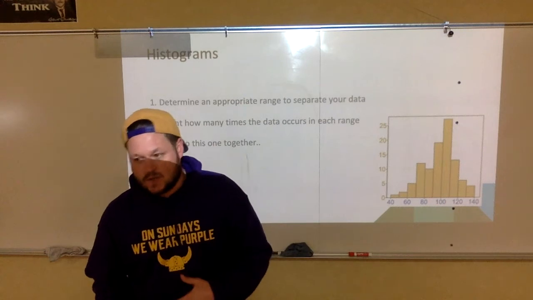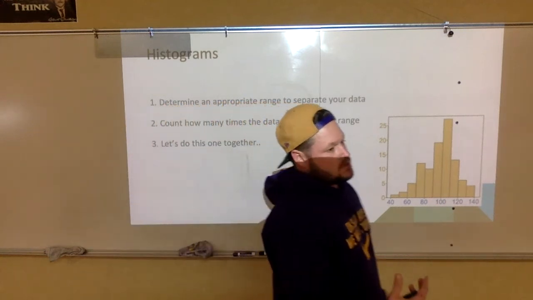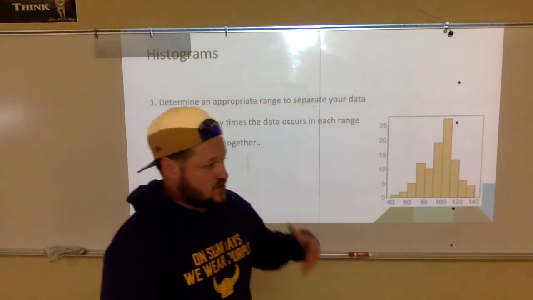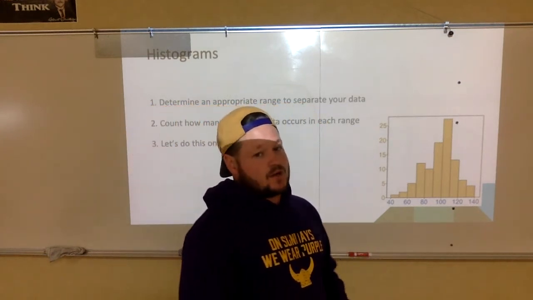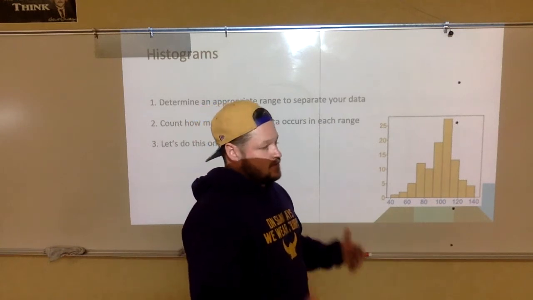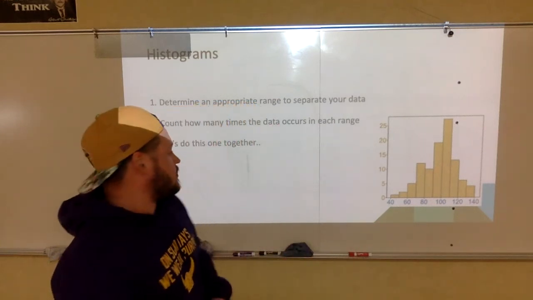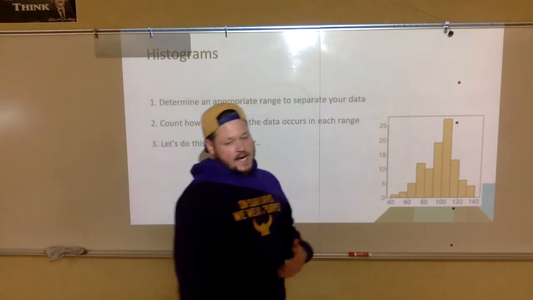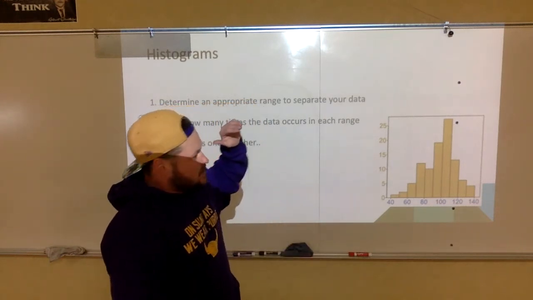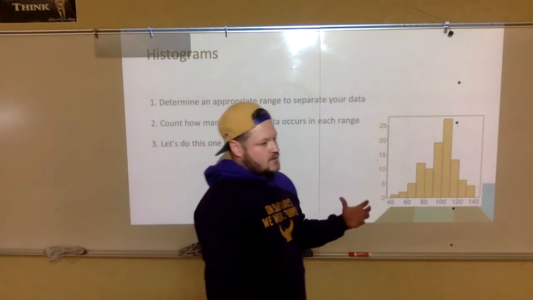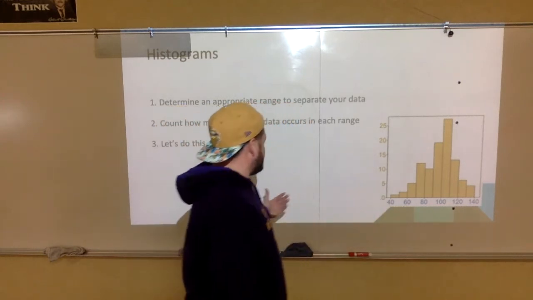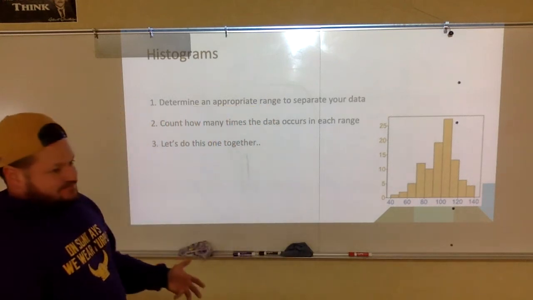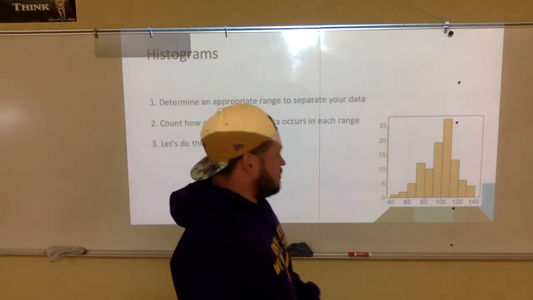I think the easiest way, if you're trying to make a histogram from a stem and leaf plot that you've already created, is to just go by tens because you already have your information separated that way. Okay, but you can do it however you want. And then basically you're going to count how many times a data point falls into that range of values. Okay. Kind of confusing right now, but I'm sure it'll all make sense in a second.